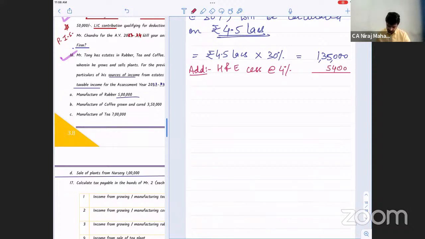Correct. That will be the total tax liability, isn't it? Done, all of you?